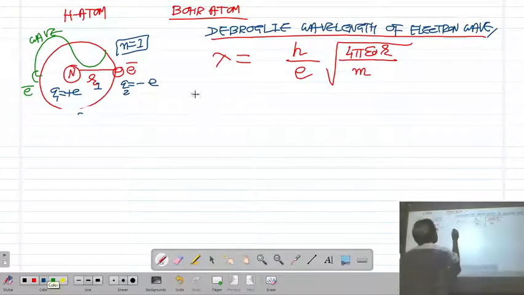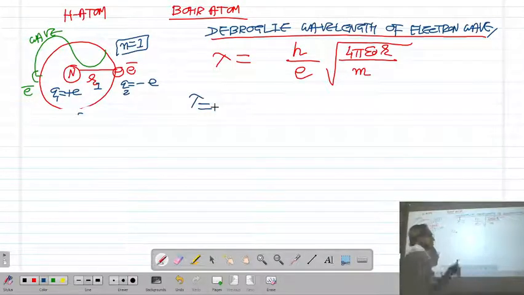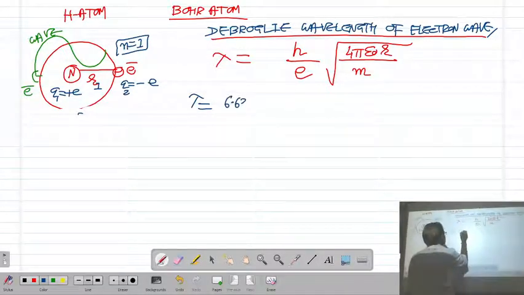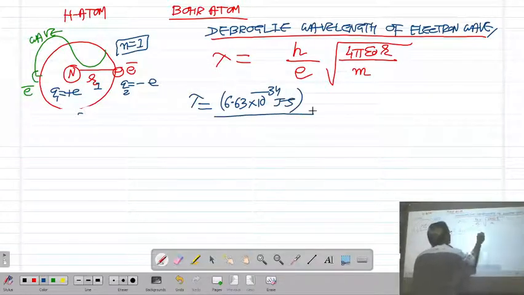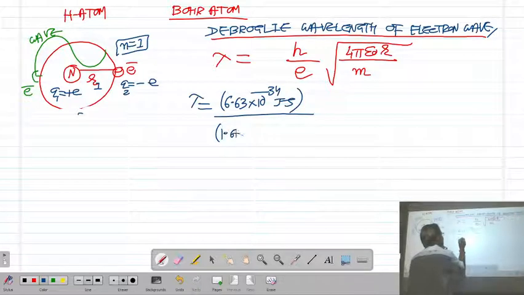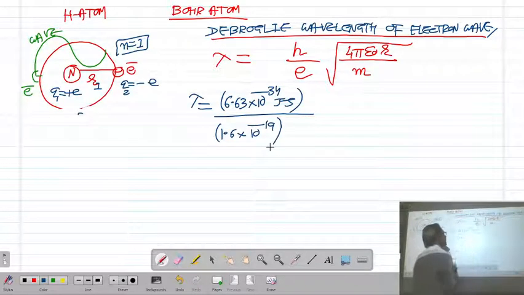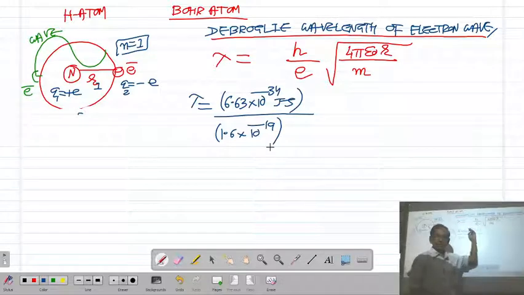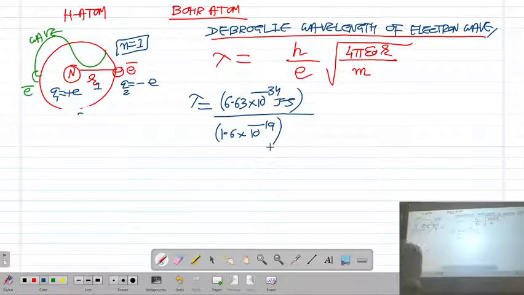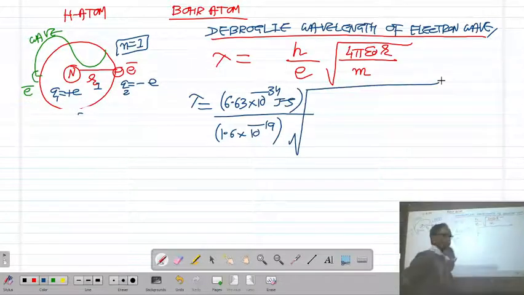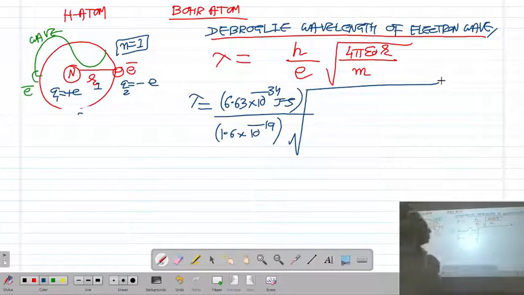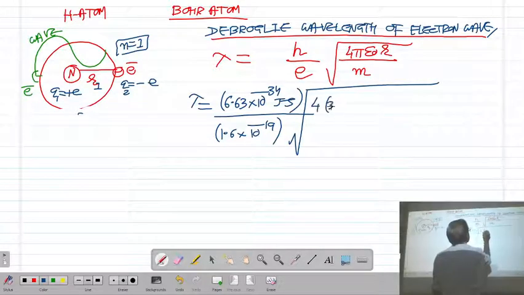You know each and every value. So lambda is equal to, what is the h? h is a Planck constant. The value of Planck constant is 6.63 10 to minus 34 joule into second. Charge of electron is 1.6 10 to minus 19 coulomb, under root 4 pi will be 3.14.